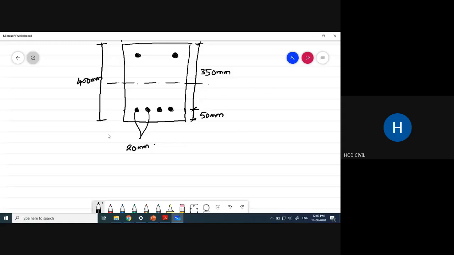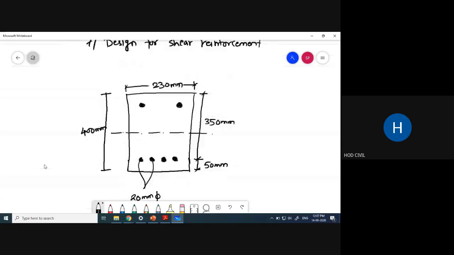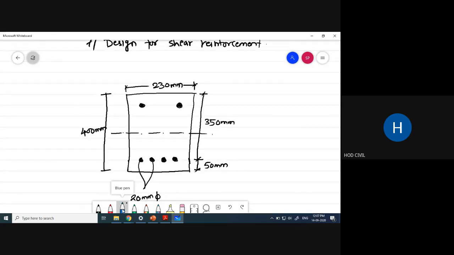Now along with this you need to provide the shear reinforcement also, right? So after design you will tell me what shear reinforcement you are getting. I'm showing here a diagram. So this is my shear reinforcement, which will go like this. Normally we go for 2 leg stirrups, and at one end it will get bent like this.